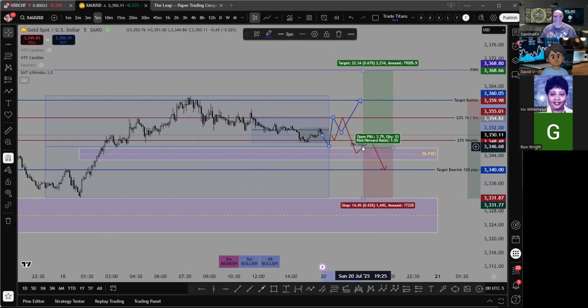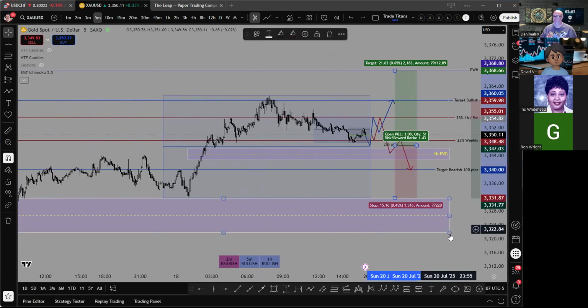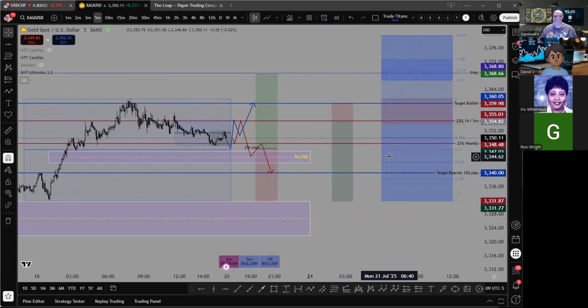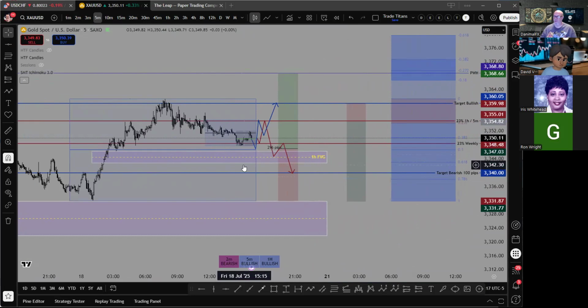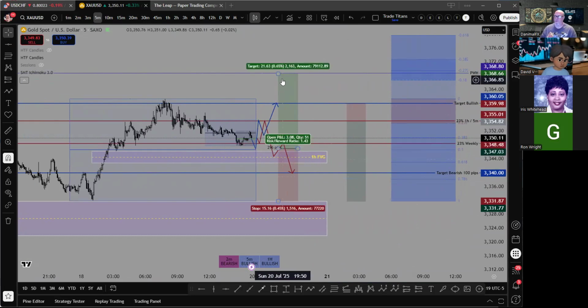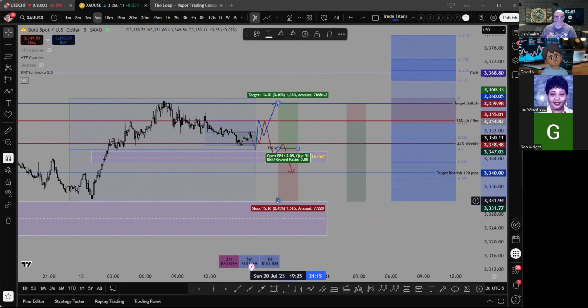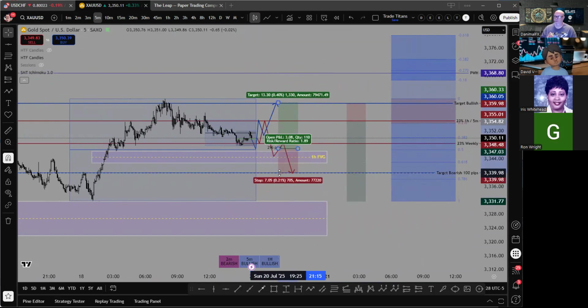And maybe put my entry right around there, which is basically the 50%. Come back, touch the 50, and then take it to the previous weekly high, or my bullish target, leaving my fair value and leaving that as a stop loss.